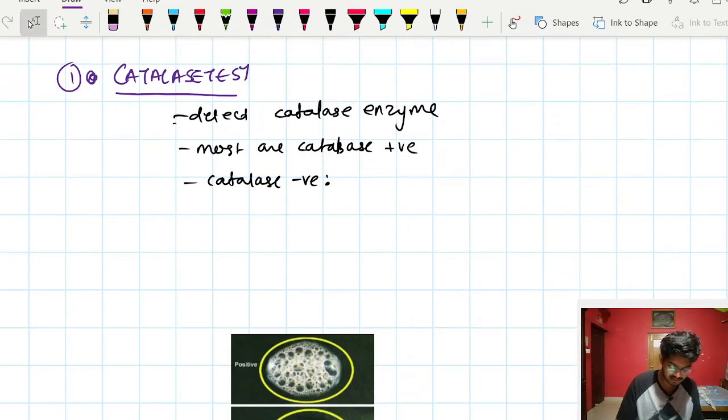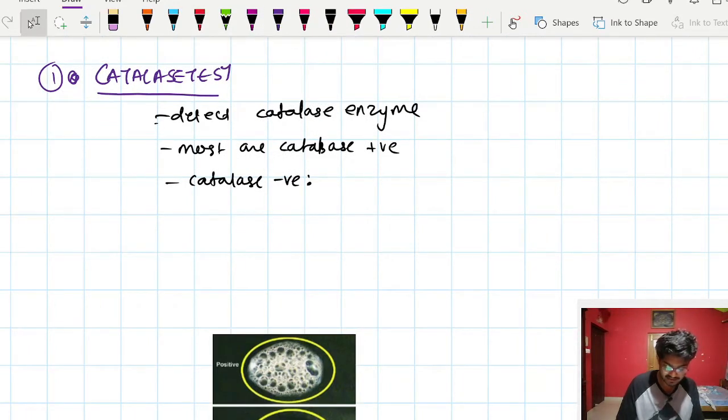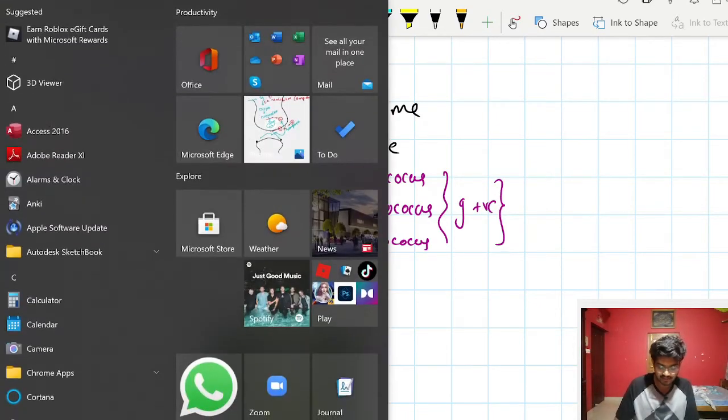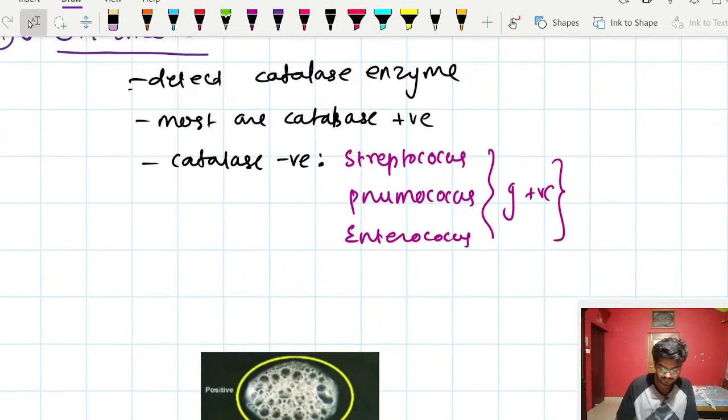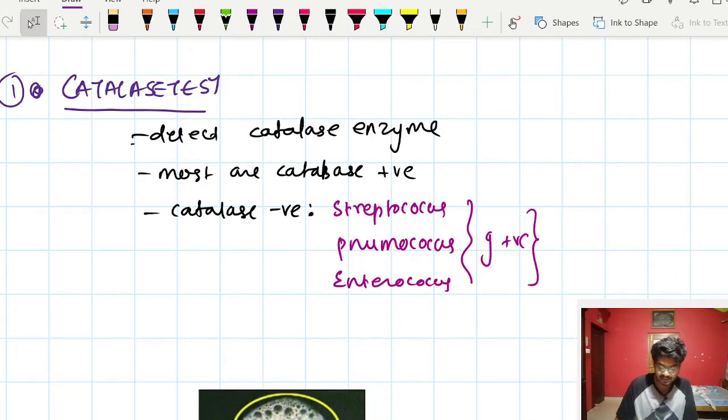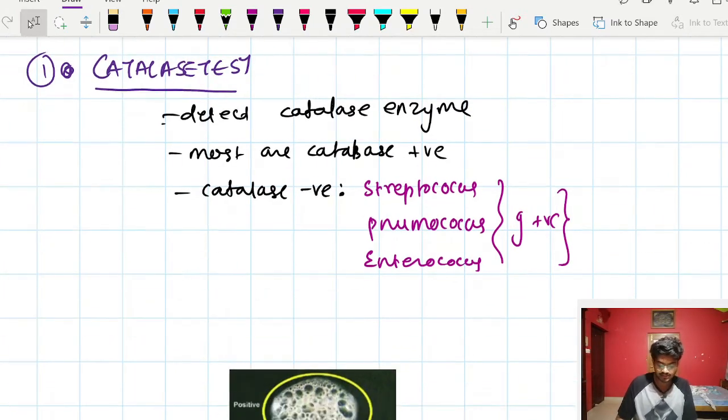The microorganisms that are catalase negative are Streptococcus, Pneumococcus, Enterococcus. These are all gram positive. Okay, these 3 are gram positive bacteria. Catalase positive can be gram positive or gram negative, but the mostly catalase negative ones, these 3, are gram positive bacteria.